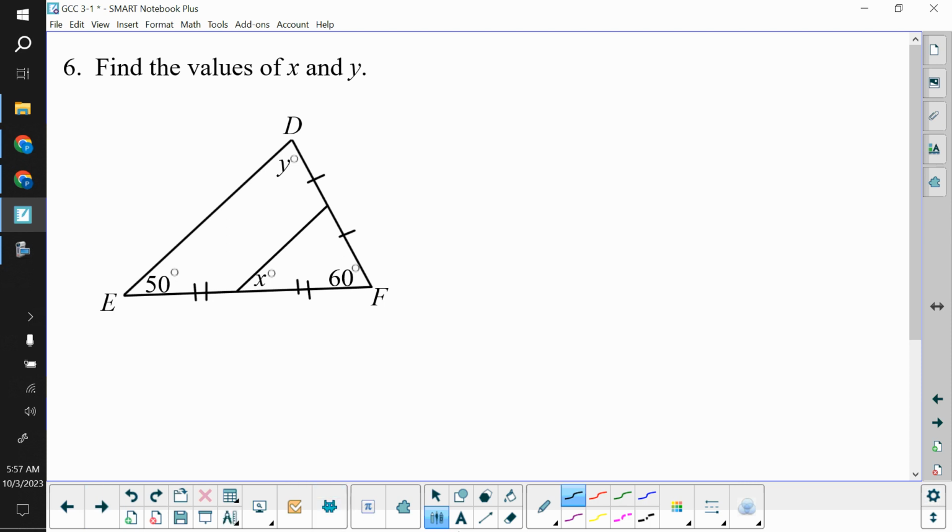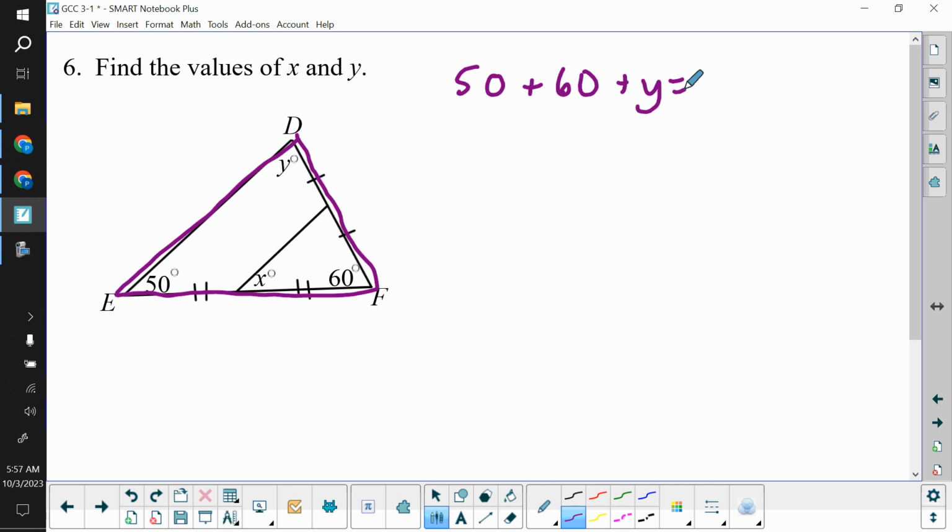All right, going on to number 6, we're working with some angles here. First off, I want you to think of just the big triangle here. We saw in Unit 2 that the angles in a triangle will add up to 180 degrees. So an equation we can set up is that 50 plus 60 plus y should equal 180.